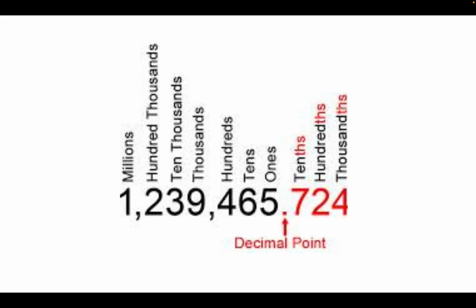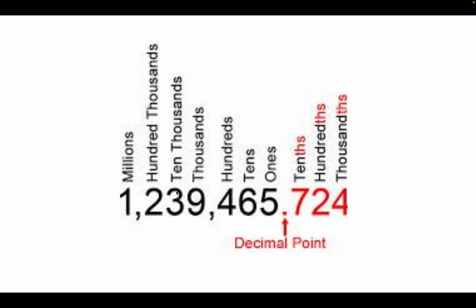Okay. So first, what are place values? As you can see on my screen, these are what place values are. This is all pretty high, but today we're only going to be looking at from the 10,000s to the ones. As you can see, this number is 39,465.